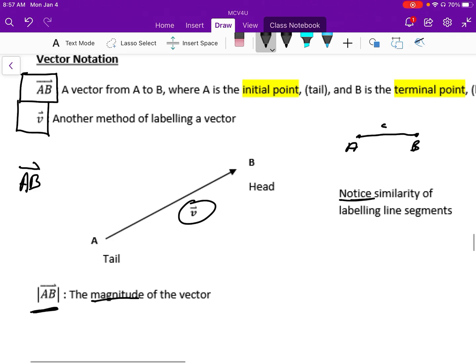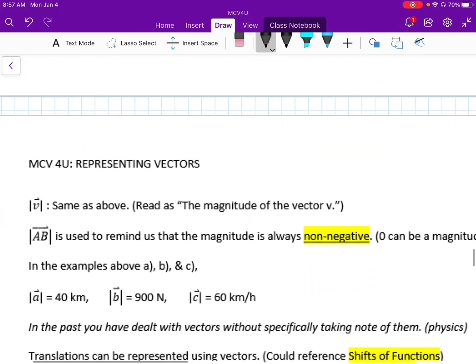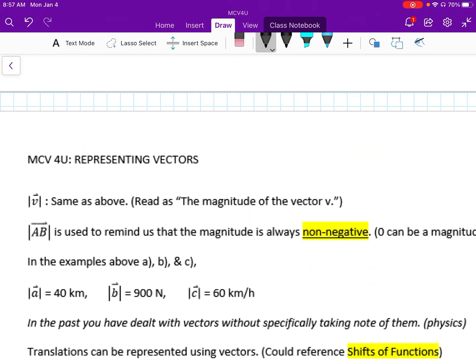If we're using V as the vector, we say it's the magnitude of vector V. The reason why we use the absolute value symbol is to say that the magnitude is non-negative. Zero is non-negative, which is why we say non-negative and not just positive, because it can be a zero vector itself. We'll talk about those in another lesson.